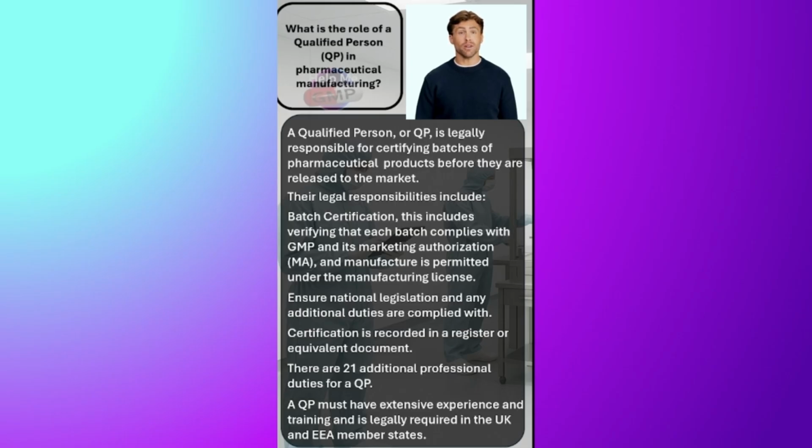Their responsibilities include batch certification, making sure manufacturing is licensed, and complying with national legislation. Each certification must be formally recorded, and beyond that, there are 21 additional professional duties. We cover those in detail in our full video, but the key point, QPs are legally required in the UK and EU, and they're central to protecting patients.